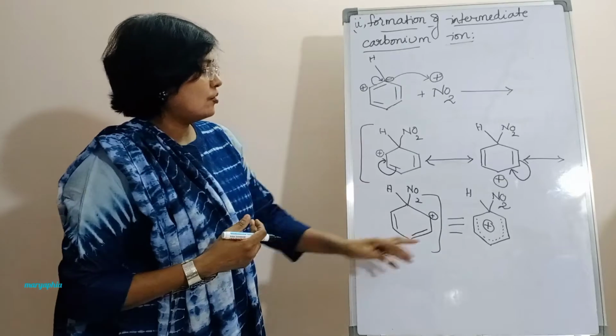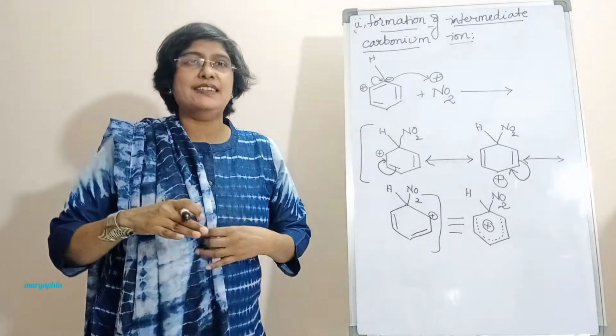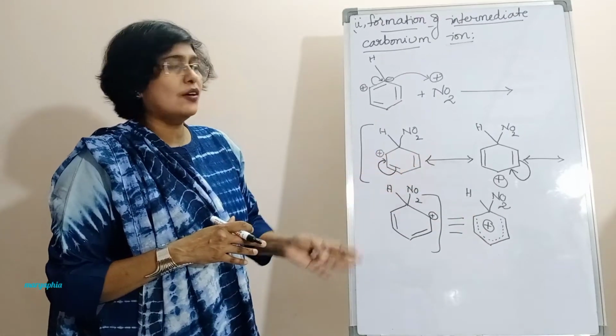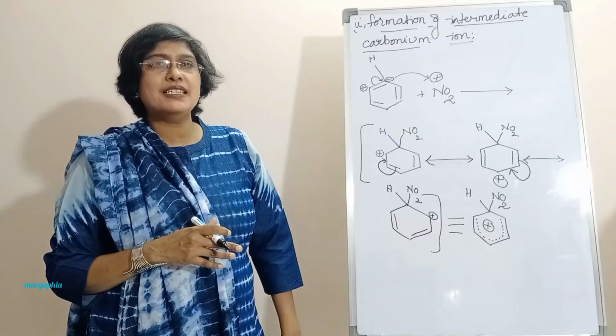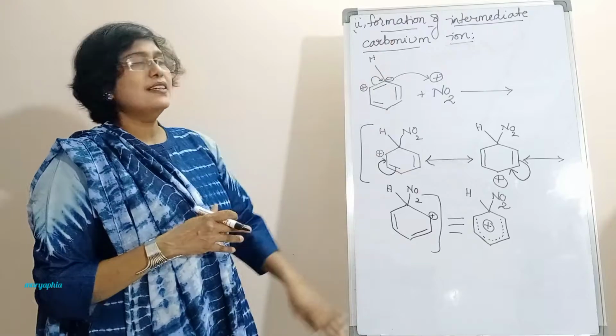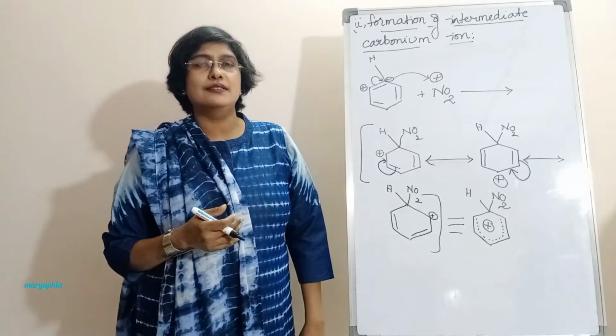So the dotted lines mean the movement of the pi electrons inside the ring, and the positive charge is also concentrated on ortho and para positions, that we can show by representing the positive charge in the center. Okay, so this is the second step, formation of the intermediate carbonium ion.